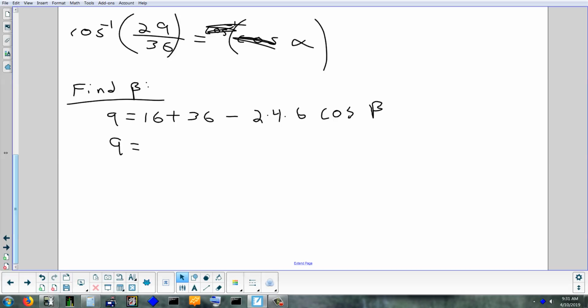You could do the 2, 4, 6 first if you wanted, but anything else you see before that? 16 plus 36. 16 plus 36, yep. Let's add those up, and that's going to give me how much? 52. So 52. Now I'll simplify what Kyle said at the same time. 2 times 4 times 6, it's 48.